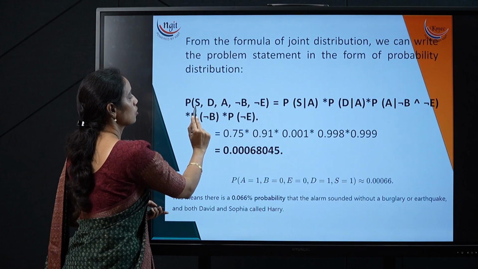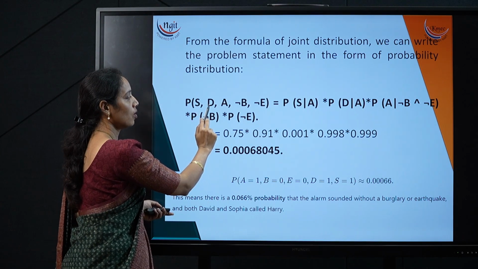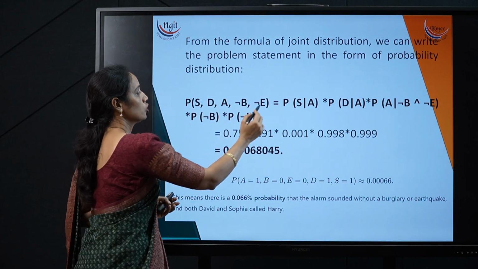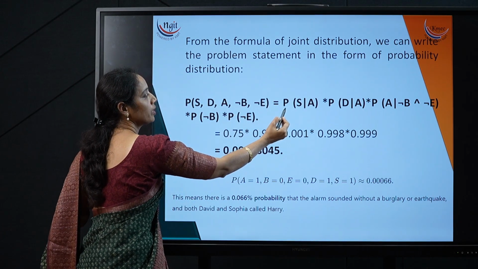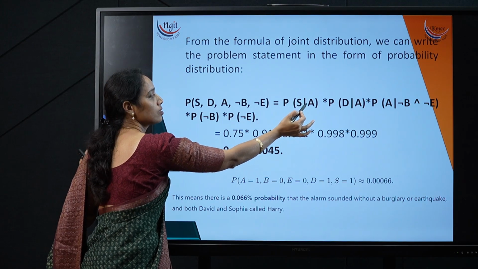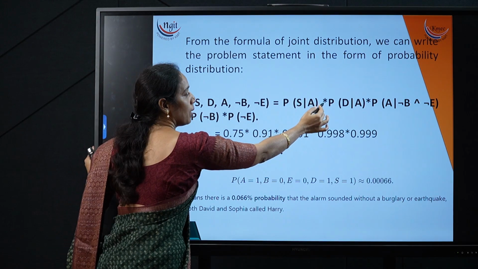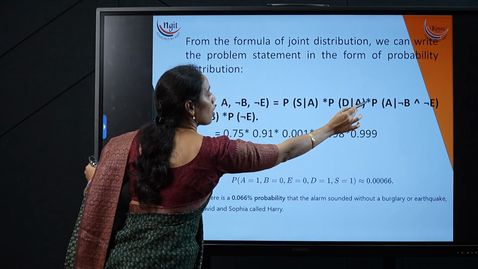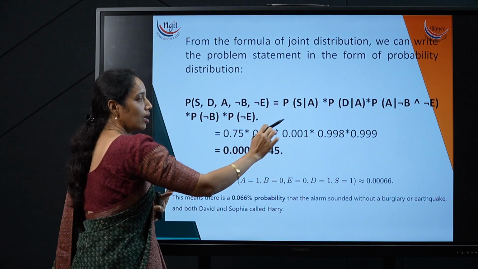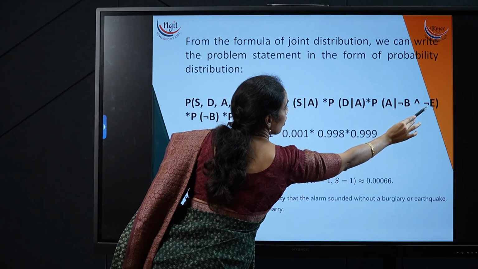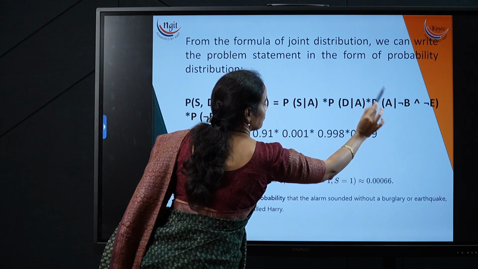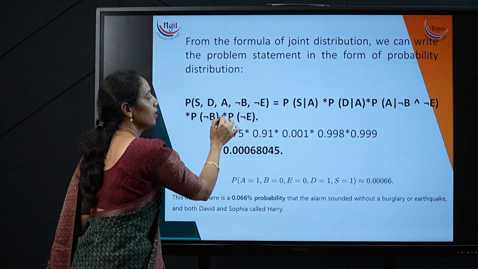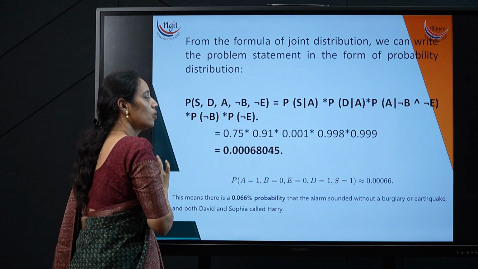So here, the probability of Sophia and David calls, there is an alarm but there is no burglary, there is no earthquake, is equal to the probability Sophia calls given alarm, multiplied by the probability David calls given alarm, multiplied by the probability there is an alarm but there is no burglary and there is no earthquake, and then multiplied by the probability of no burglary, multiplied by the probability there is no earthquake.